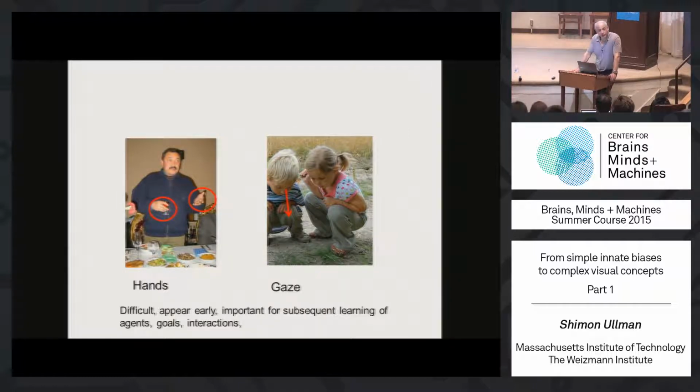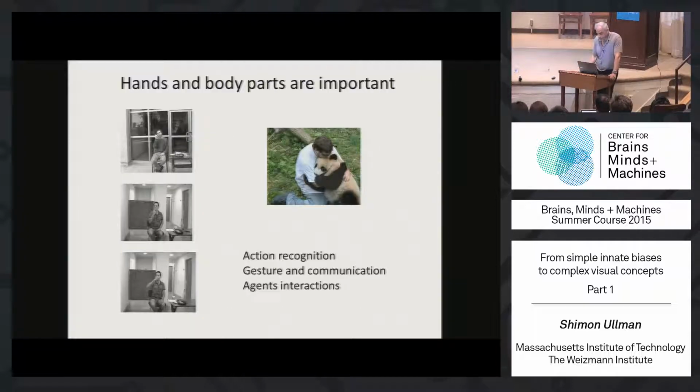Gaze is also very important for understanding intentions of people, and interactions between people. So these are two very basic types of objects or concepts that you want to acquire that are very difficult. And the final surprising thing is they come very early in infant vision. One of the first things to be learned.